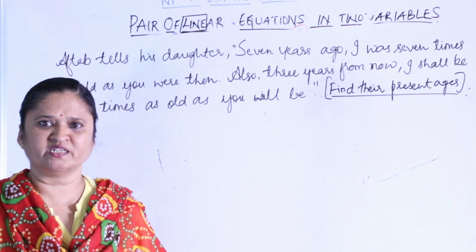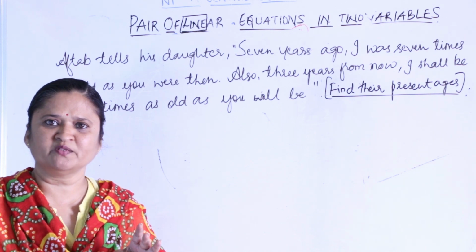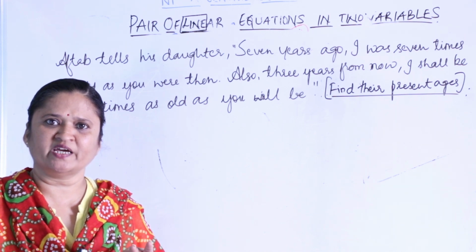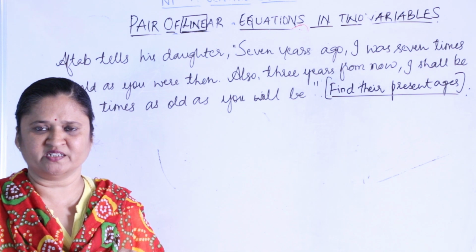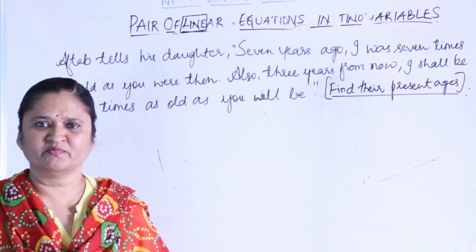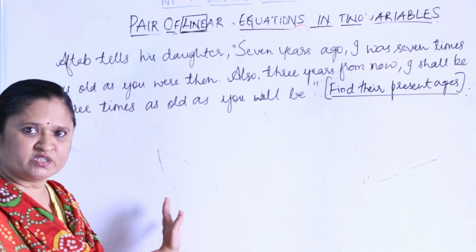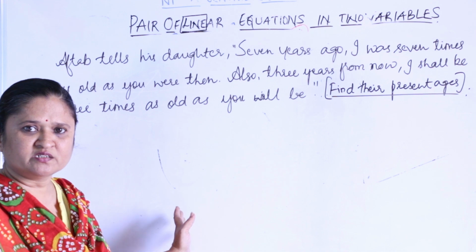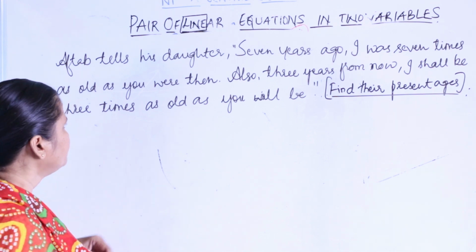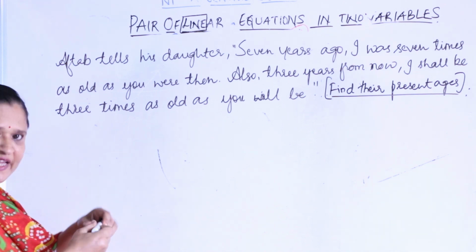We have three methods to solve them algebraically: elimination method, substitution method, and cross multiplication method. And when you are asked to solve graphically, it means you are supposed to plot it on the graph like how I showed you in the previous session. Now, this is a problem which is there in the textbook.